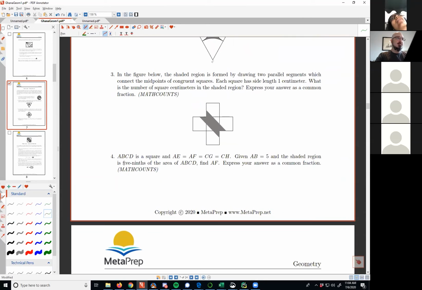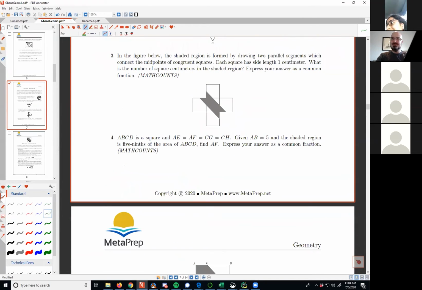Okay, let's keep moving. How about number 3? Could we divide the shaded region into 4 right angle triangles and 1 rectangle?